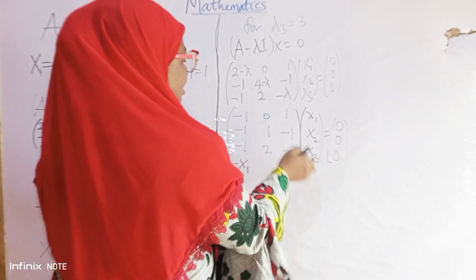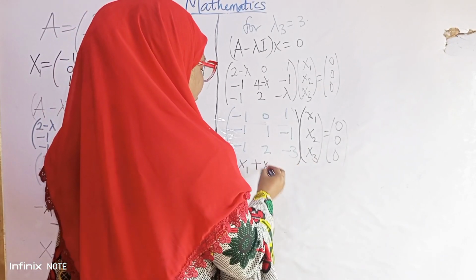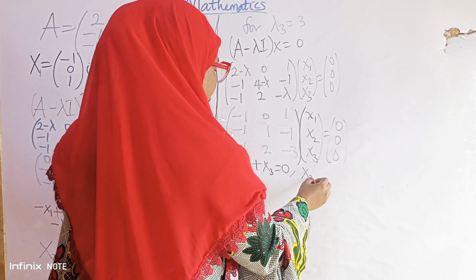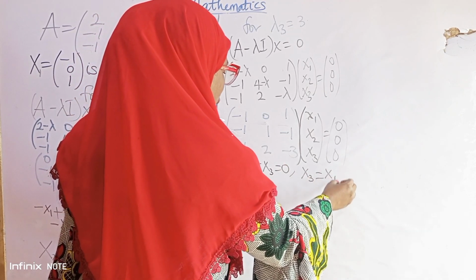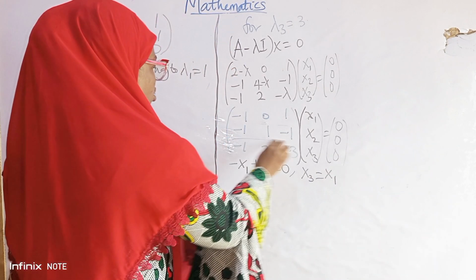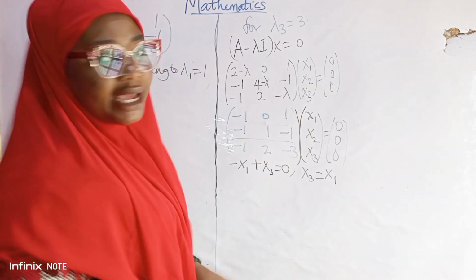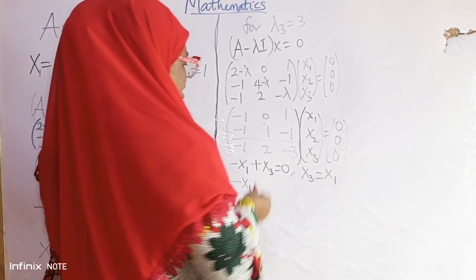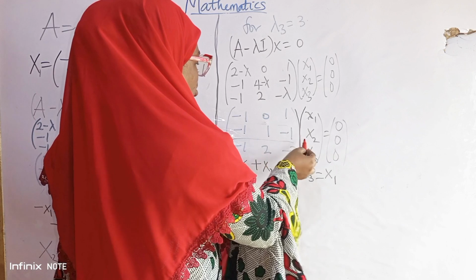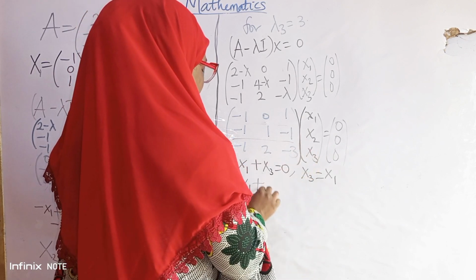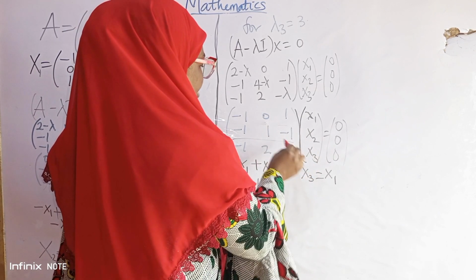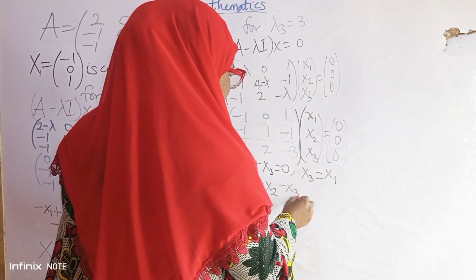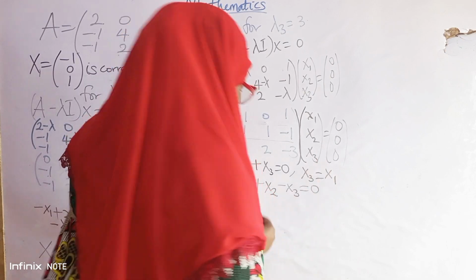So plus 1 multiplied by x3, so plus x3 is equal to 0. So from here, our x3 is equal to x1. So we have minus 1 multiplied by x1, that is minus x1. Then plus 1 multiplied by x2, plus x2. Then minus 1 multiplied by x3, that is minus x3 is equal to 0.